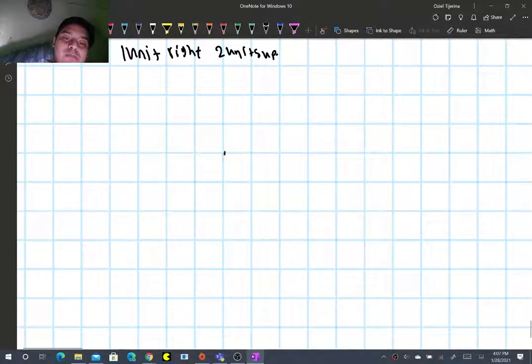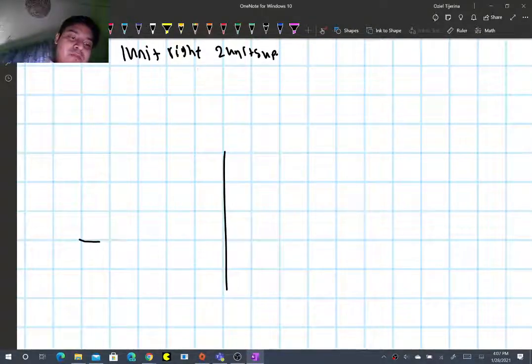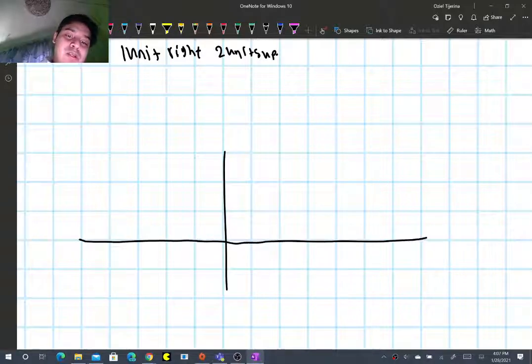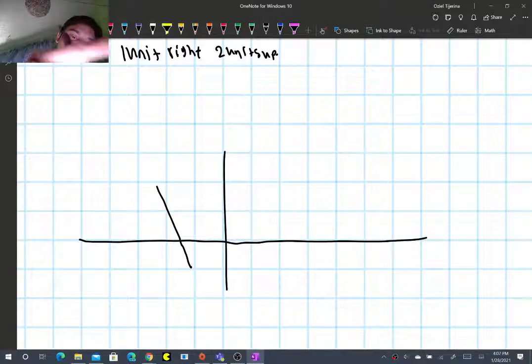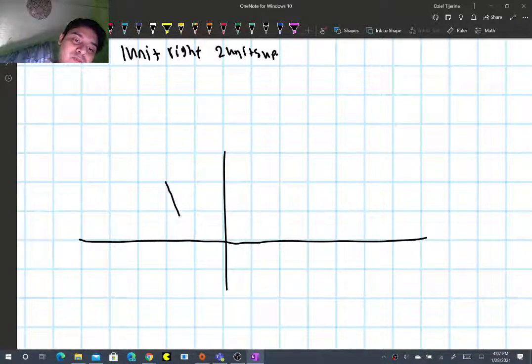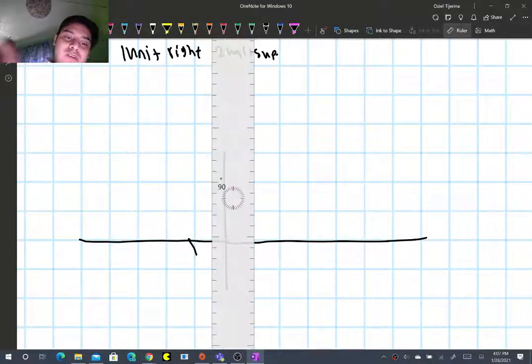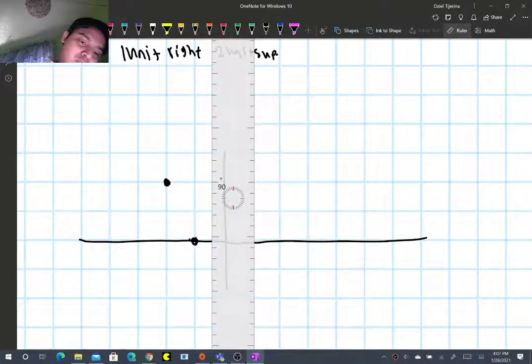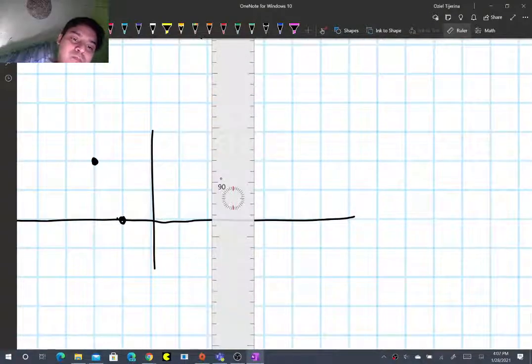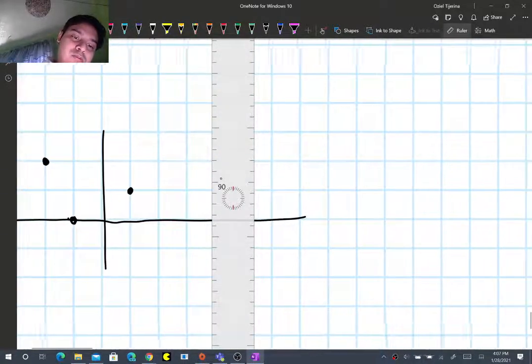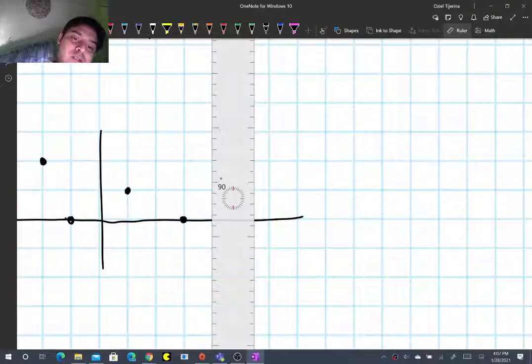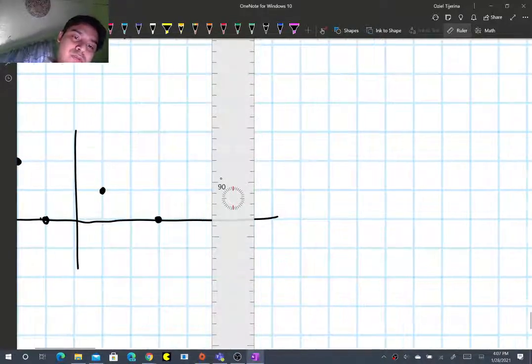Let's just say that, shifting gears a little bit, if I had a function where we have a point here, a point here, and a point here, a point here, and a point here.